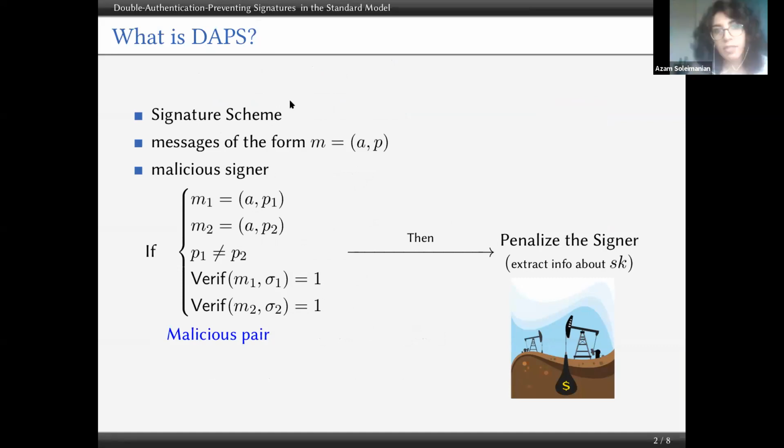It's a kind of signature scheme where a message has two parts, address and payload. And the signer is considered to behave maliciously if he or she tries to sign two messages of the same address but two different payloads, in which case we penalize the signer: it would be possible for others to extract information about the signing key.